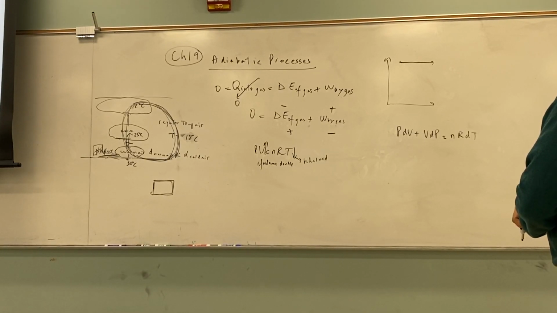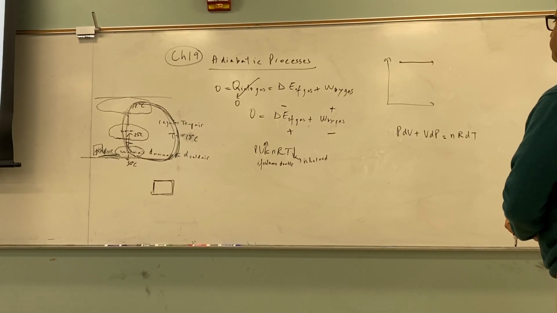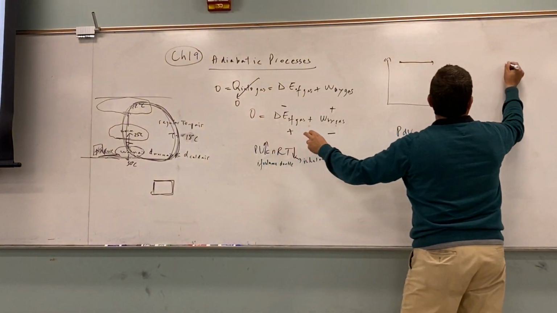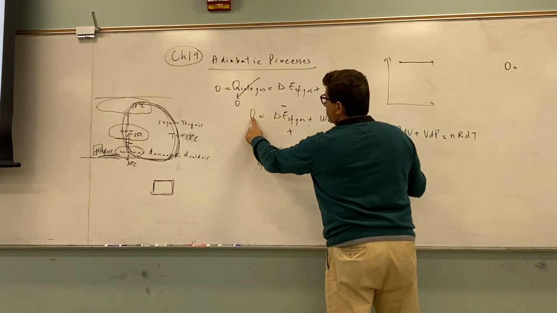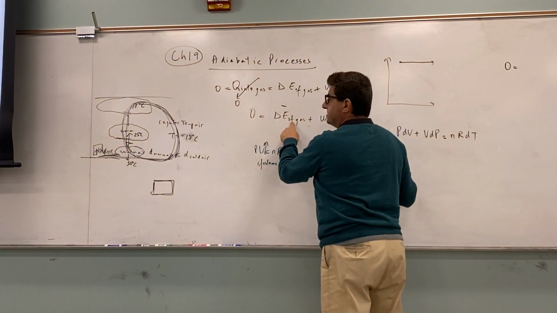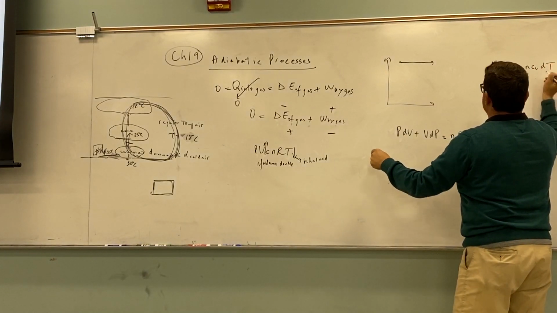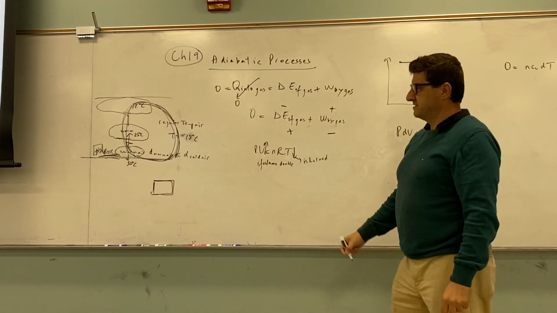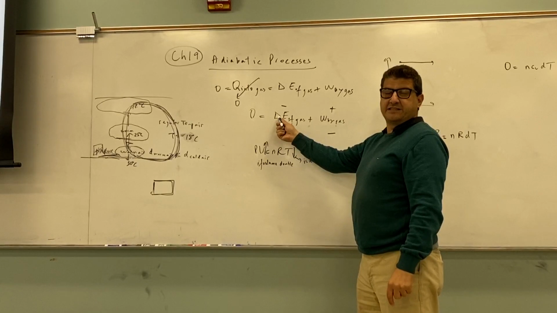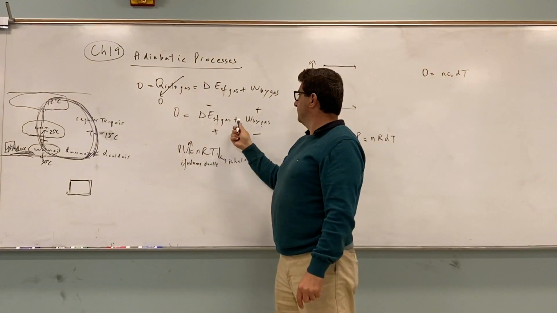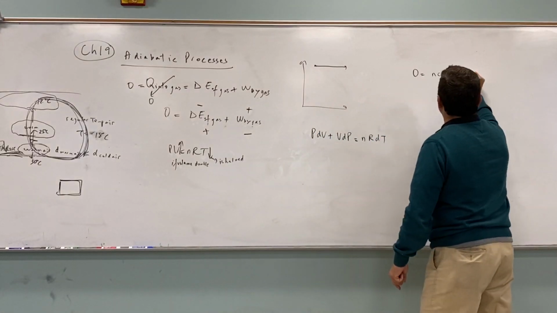Okay, and work by the gas. And then from here, you have 0 is equal to what? If the heat is 0, what's the dE? dE is nCv dT, right? dE is n times the specific heat at constant volume dT, plus work by the gas, which is what?